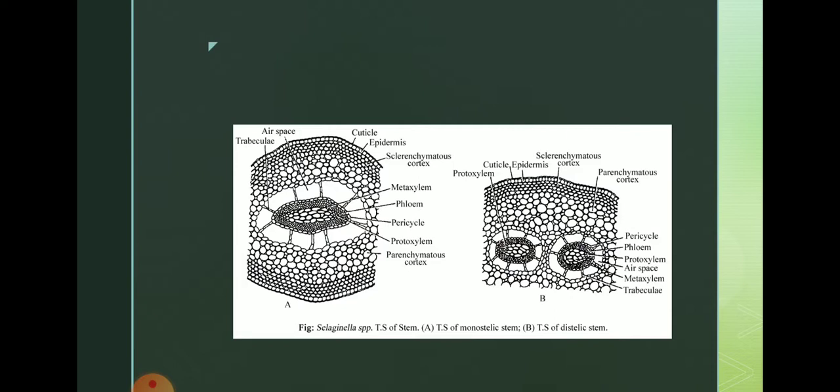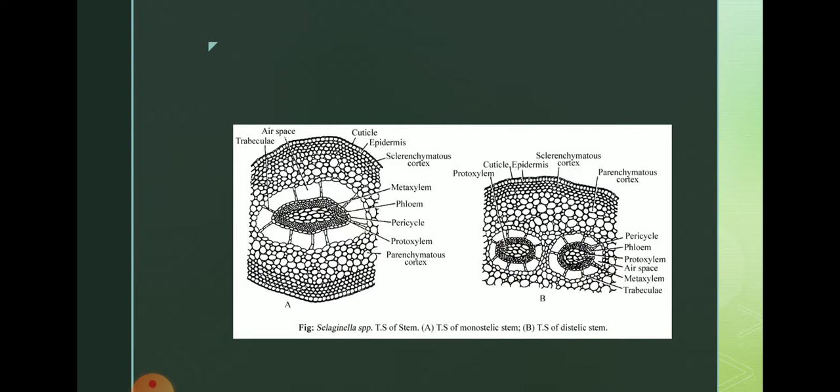Protostele is the primitive stele in which xylem is surrounded by phloem. On the inner side xylem is present, and on the outer side phloem is present. Endodermis separates the vascular tissue from the cortex; radially elongated endodermal cells are known as trabeculae, with conspicuous intercellular space between two trabeculae, and in spite of their elongation, they still retain the transverse thickening.